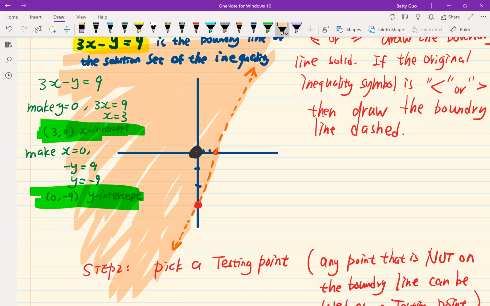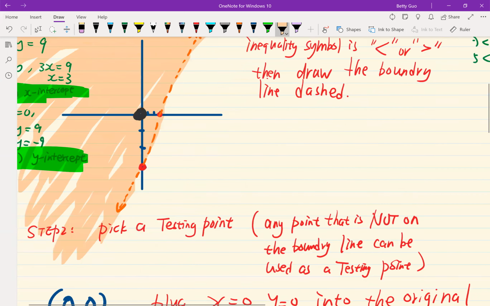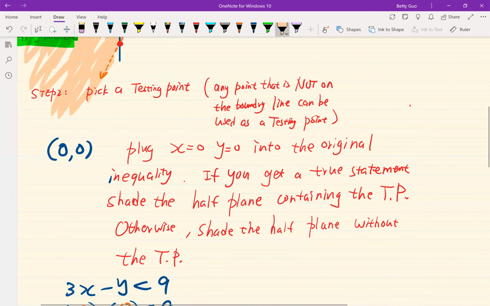You have the second step written down. Take your time. Step 2, you pick a testing point. Most of the time I use (0, 0), as long as (0, 0) is not on the boundary line. Plug the testing point into the original inequality.